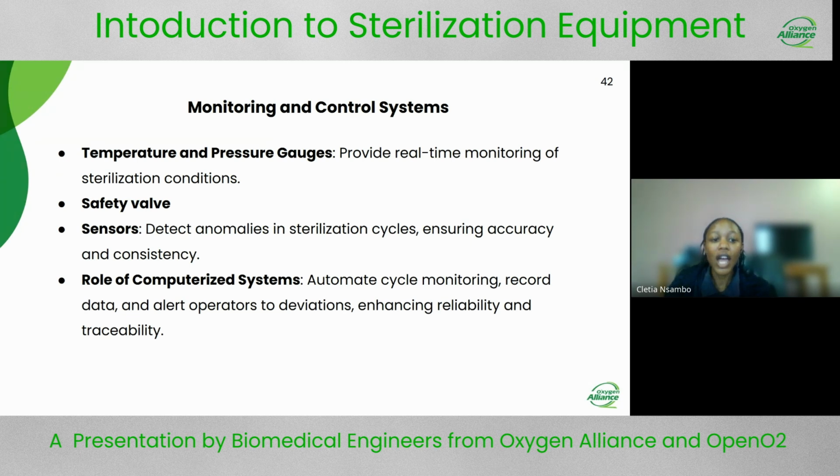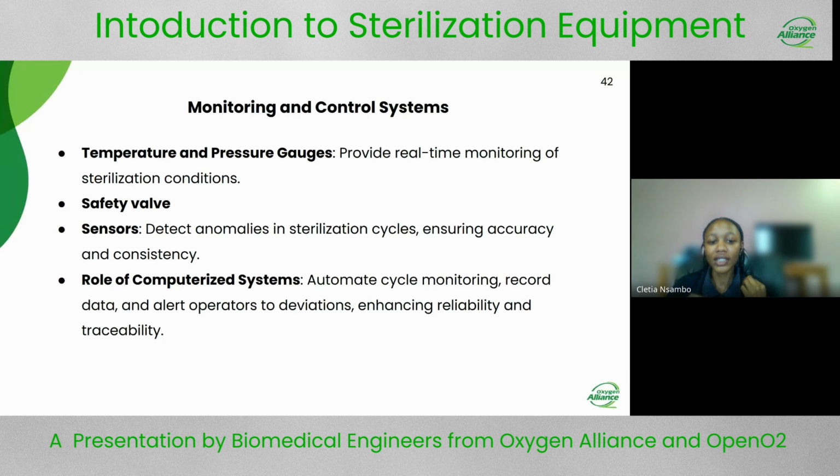And then we have the safety valve, as mentioned by my colleague earlier, which is like an escape valve where, if your pressure is higher, it escapes through this valve. And then you have sensors to detect anomalies in the sterilization process and also ensure accuracy and consistency. And then we have a computerized system.